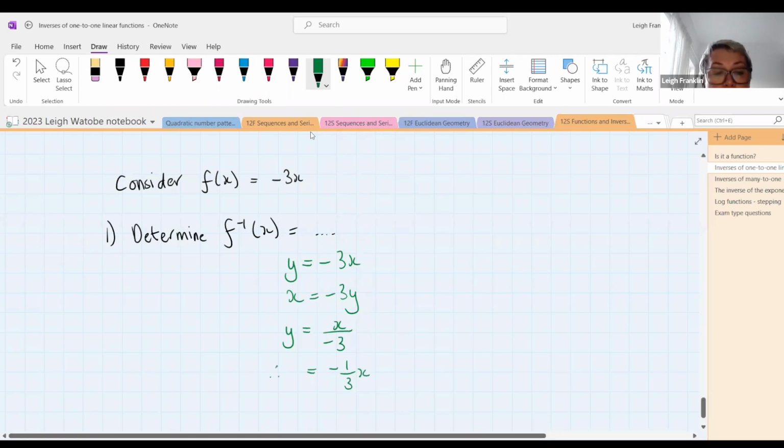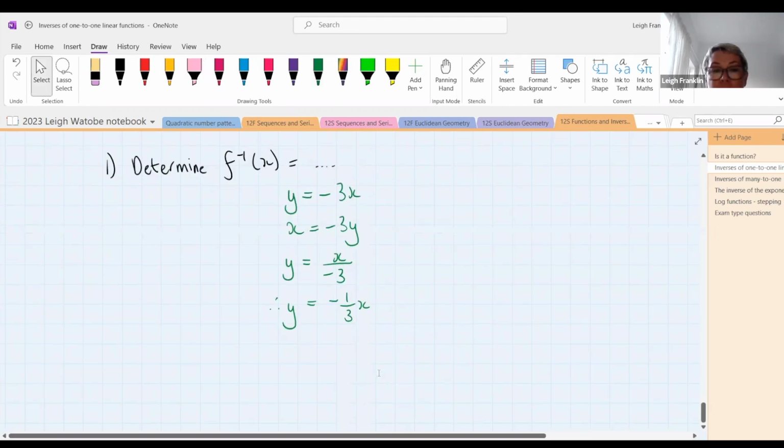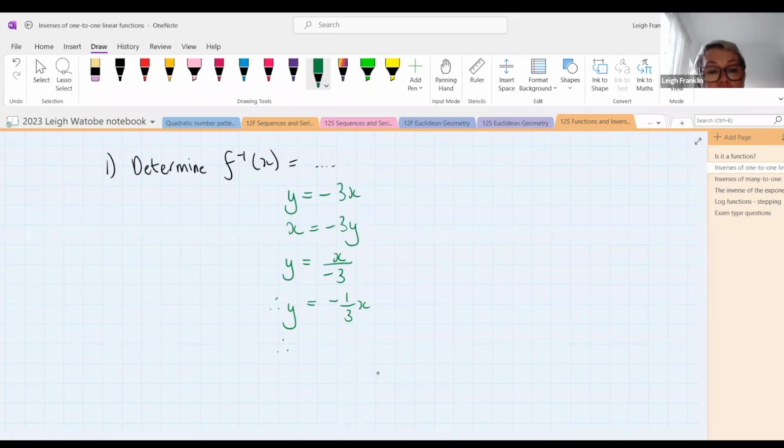Okay, is everybody happy that I can define it in that way? So my gradient is still negative. Okay, so the equation of my inverse is this. Okay, swap x and y.